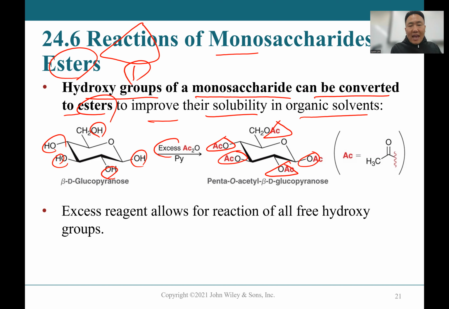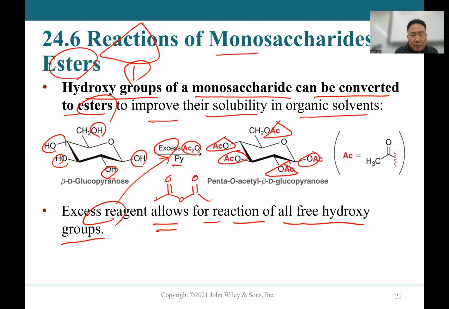So you might use excess acetic anhydride. Acetic anhydride is this one. And with a base, the excess reagent allows for the reaction of all free hydroxyl groups. There are many free hydroxyl groups, right?